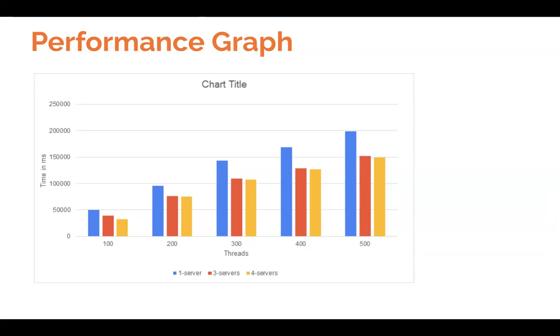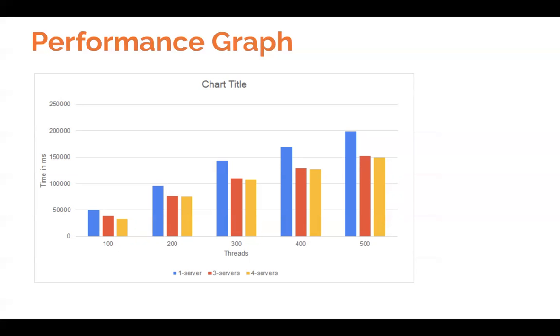We tested our system with a total of up to 4 servers, starting from 1, 3, and 4. Initially we did some load balancing, and with respect to that, we can see the response time for 100 users.